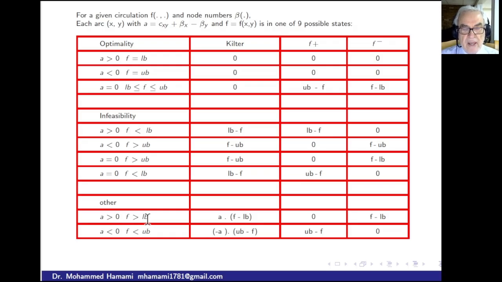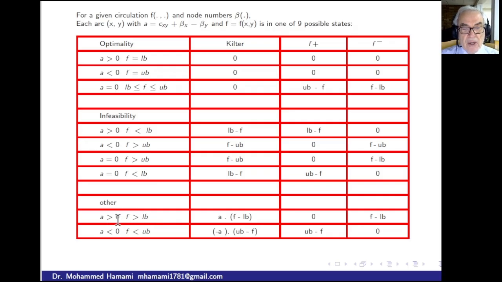Because if an arc is in this state, f bigger than LB does not mean f is infeasible for that arc. f could be less or equal to UB and bigger than LB. So in this state, we do measure f minus LB, because a greater than 0, the optimality is LB. That's the condition of optimality.